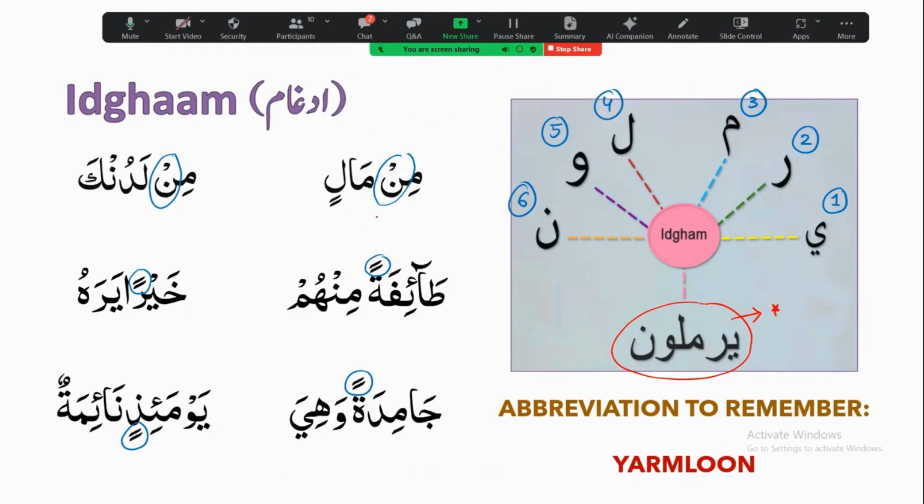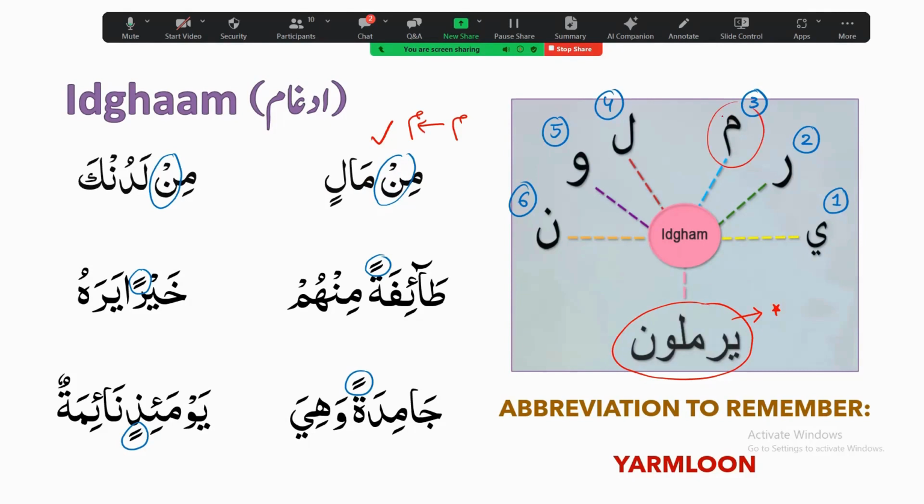So let's see the next examples here as well. In the first example here, we see min malin. In this example, you see a noon sakin here, right? And before noon sakin, there is meme, and after noon sakin, there is again meme. So meme letter is from the letters of Yarmaloon.